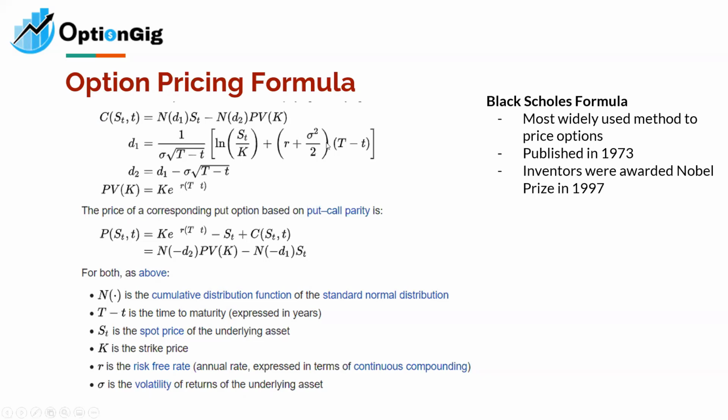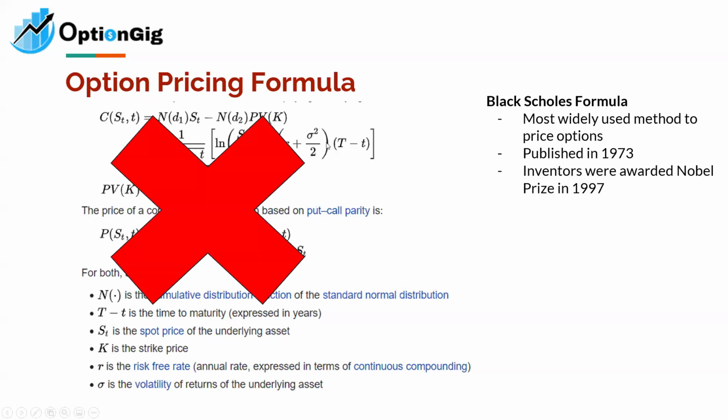But for us as retail investors, we don't have to get into the details of this. I only look at this formula when I have to do a boot camp. For me, the option pricing is what I see in my trading software.